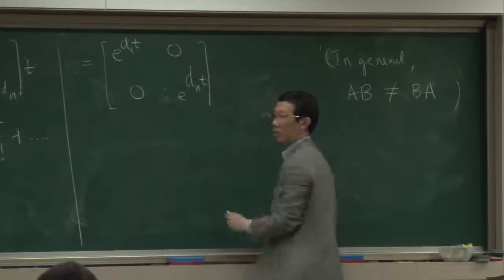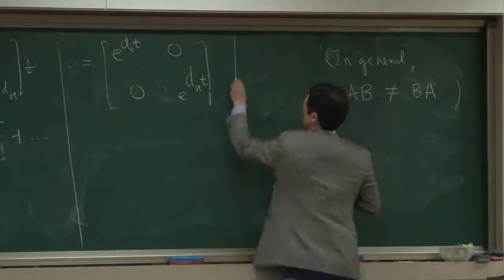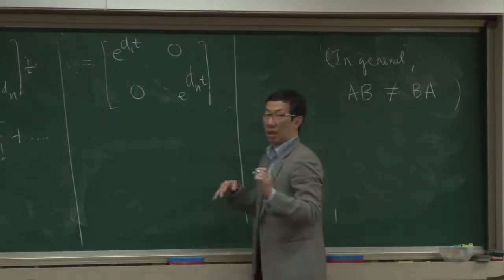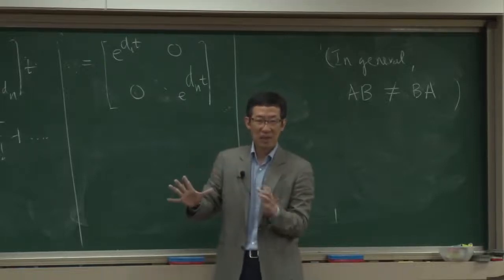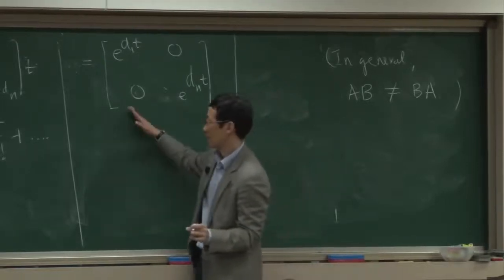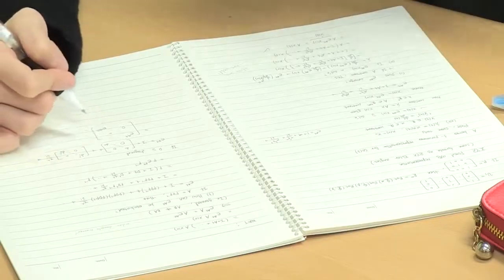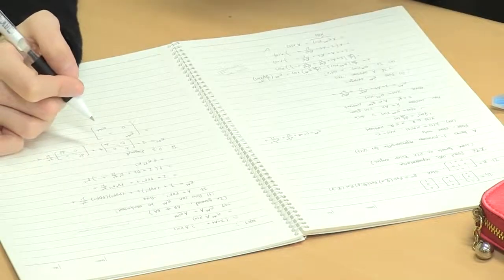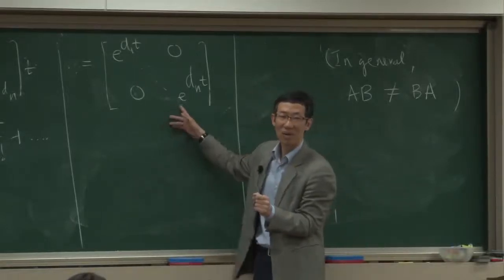So it's a diagonal matrix of just exponentials. If you have a diagonal matrix, calculating the exponential is very easy. So if you have your A and you can diagonalize it, then calculating the exponential of A is quite simple.